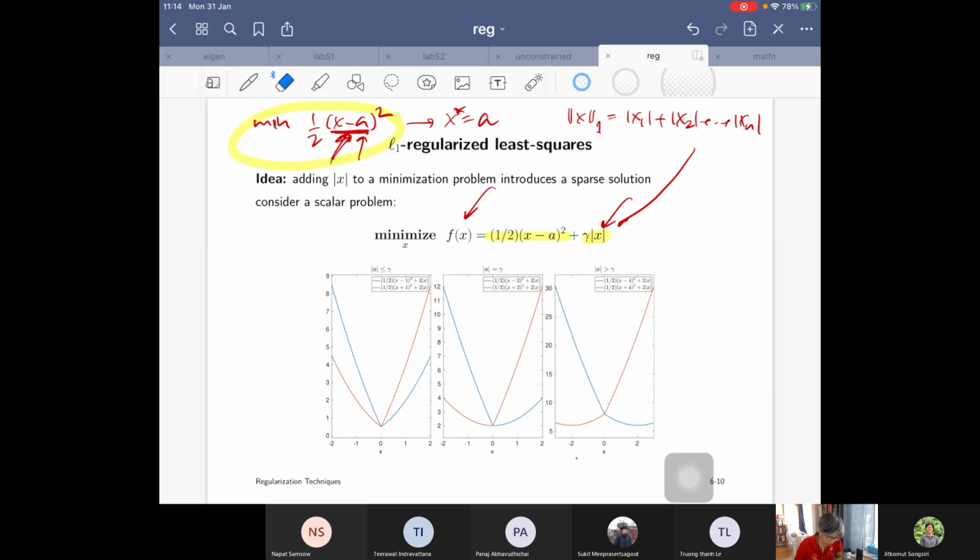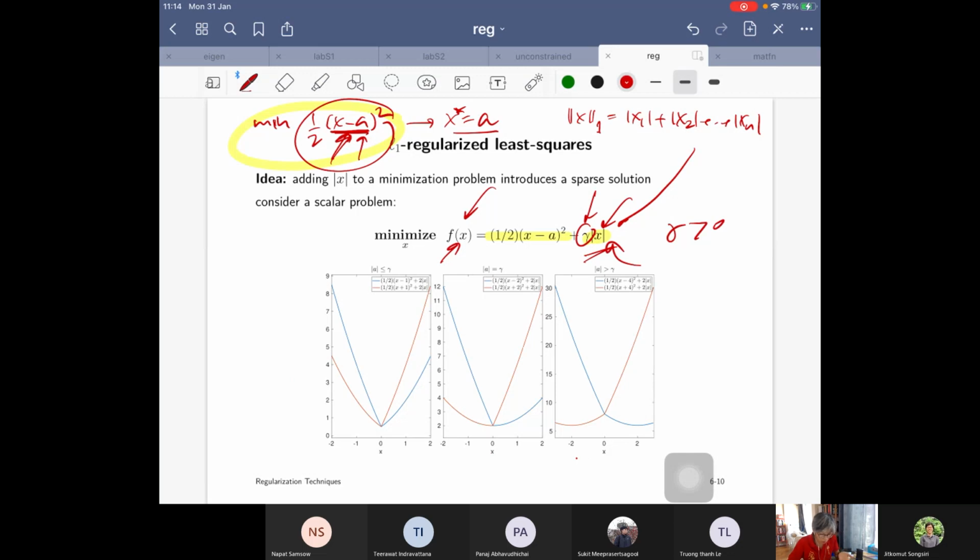Everyone knows that if you look at only the quadratic loss, the solution is A. The question is, when you add the L1 penalty, the absolute value function of x, with some penalty parameter gamma, which is positive, how would the solution of x change under the presence of this term?